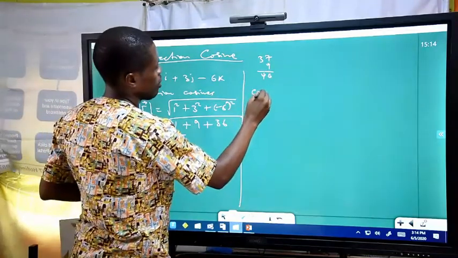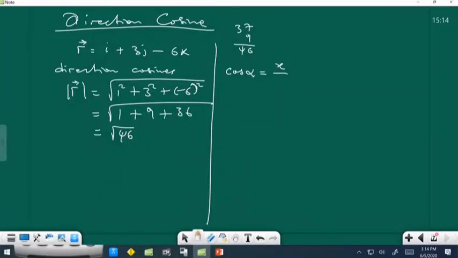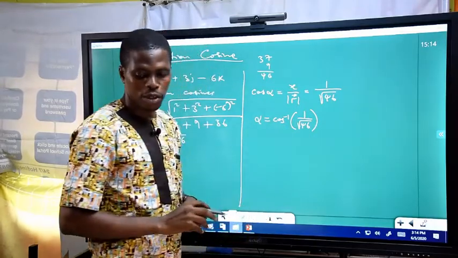Since we have root 46, for the direction cosine in the direction of x, we have cos alpha equal to x over the modulus of r. The x value here is 1, so we have 1 divided by the modulus value, root 46. If you want to find the angle, alpha is cosine inverse of 1 over root 46. You can use your calculator for that, and you get your answer.